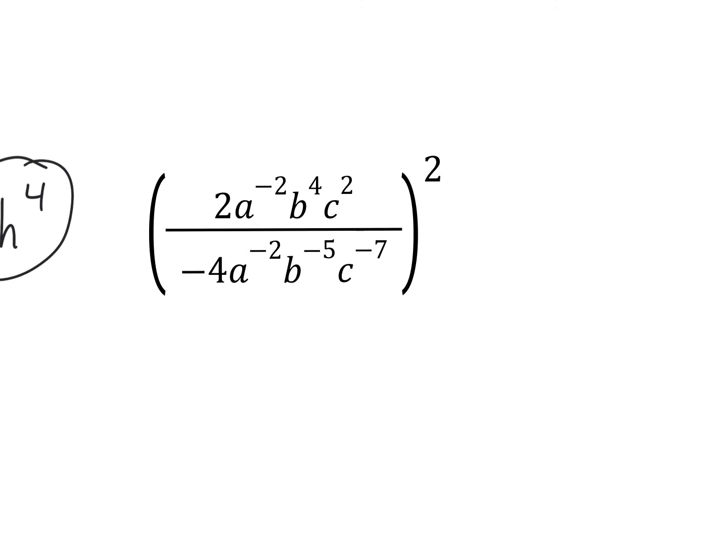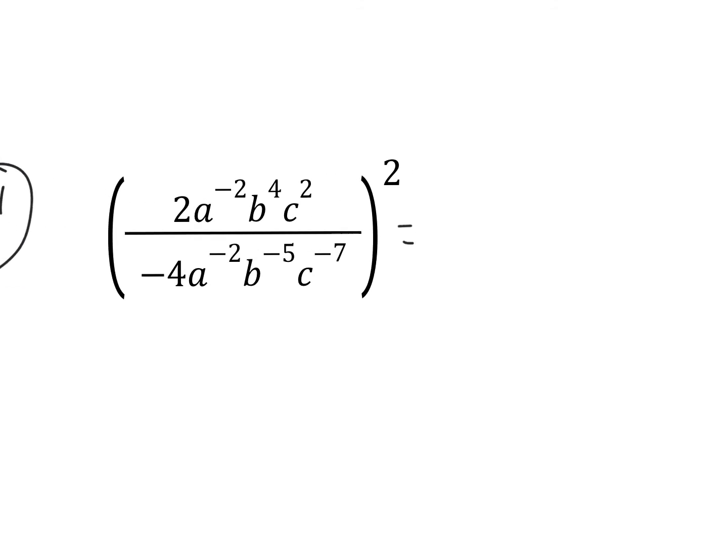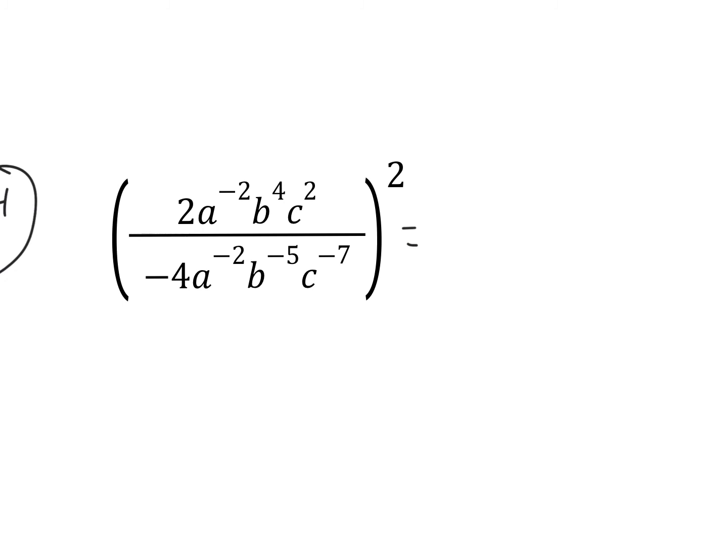And we got one last one here. Okay, so we're going to square everything, and then we'll simplify, or we could simplify and then square. Actually, let's do that. That seems a little bit easier. So we have 2 over negative 4. That's going to be 1 over negative 2, right? That simplifies to negative 1/2. And then a to the negative 2 over a to the negative 2, those cancel.